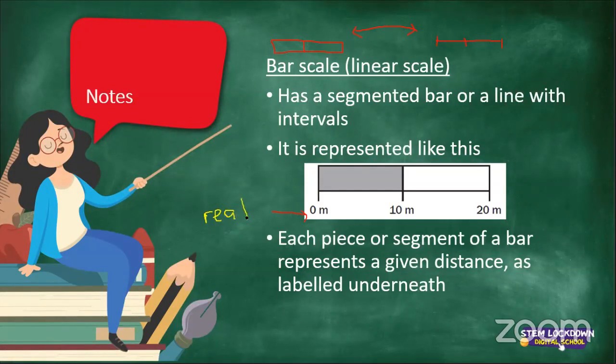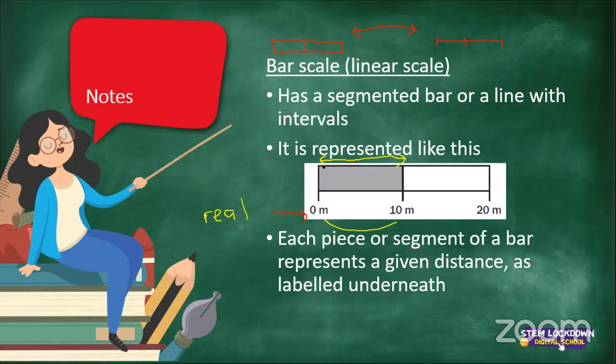So if you're given a map, right, this distance, right, on the map actually represents 10 meters in real life, right? So it's actually easy to work with the bar scale once you understand that. Okay, each piece or segment of a bar represents a given distance labeled underneath, as I've said, right?